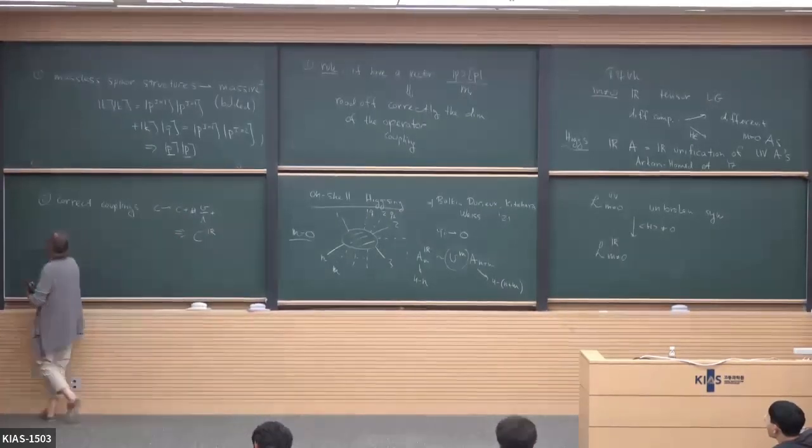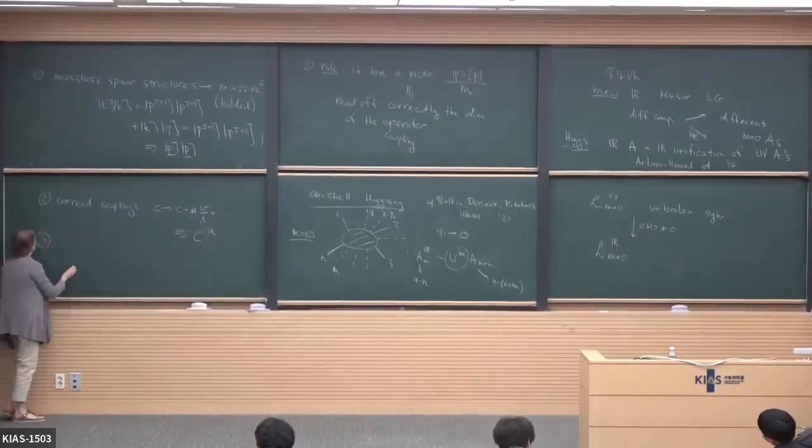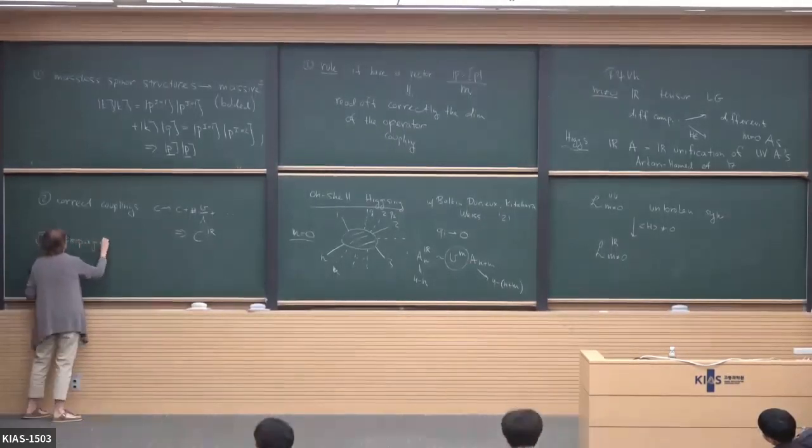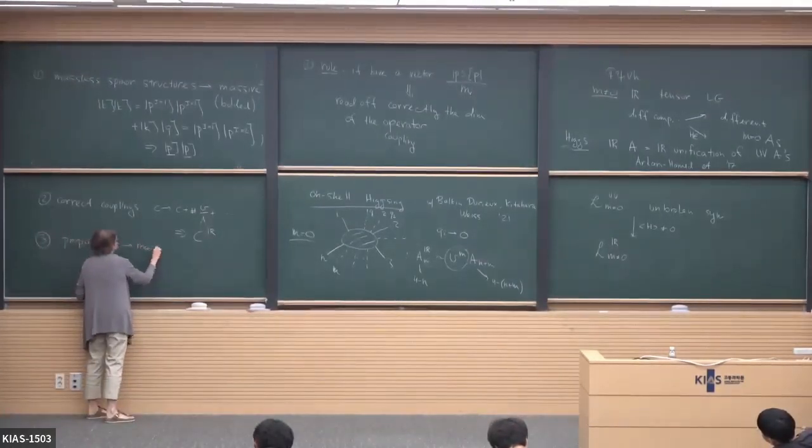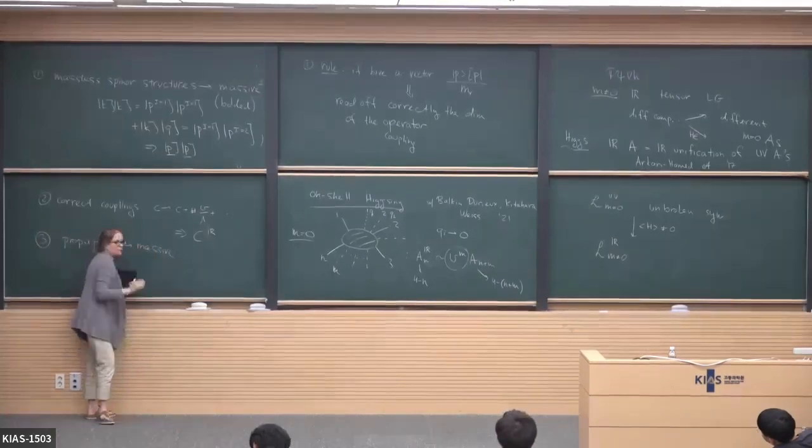And the last thing that's going to happen is that the propagators are going to become massive because of these extra Higgs lines.